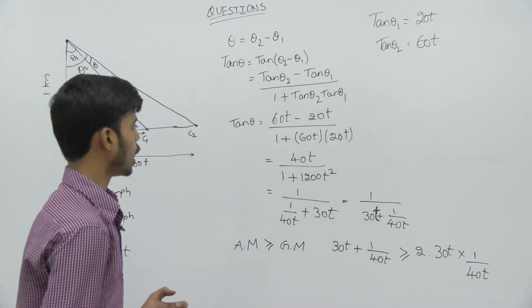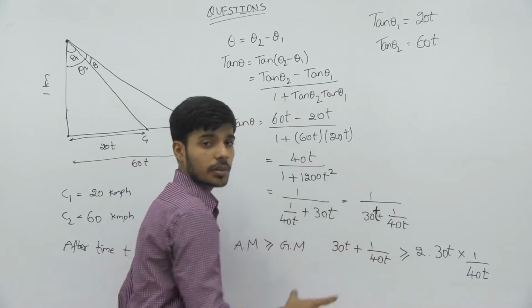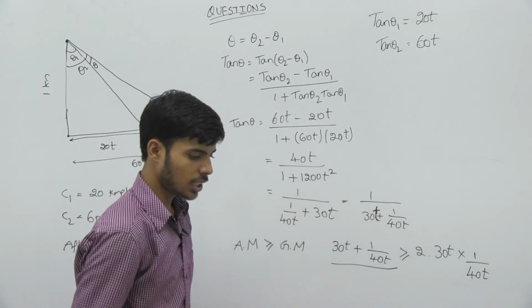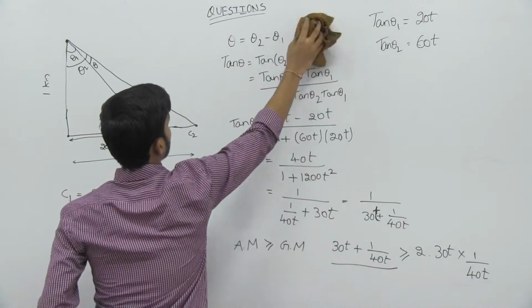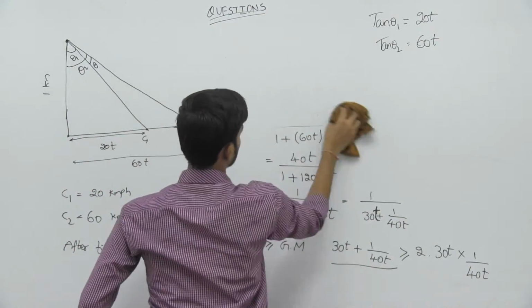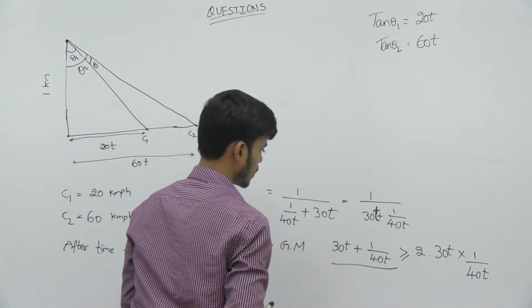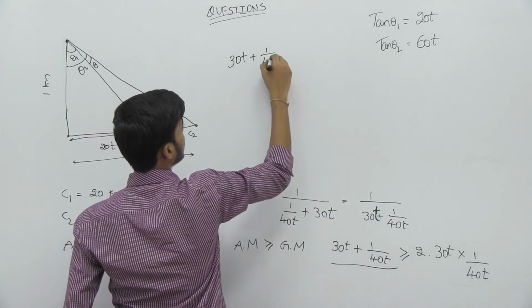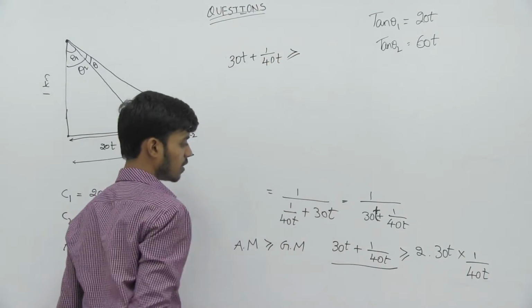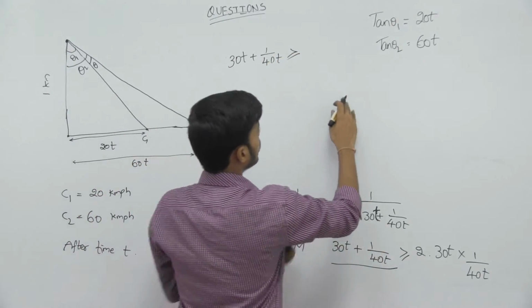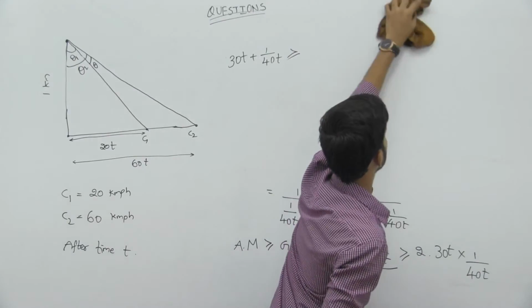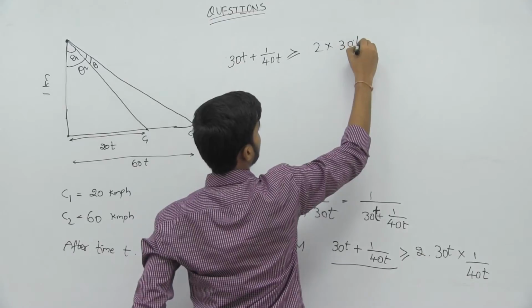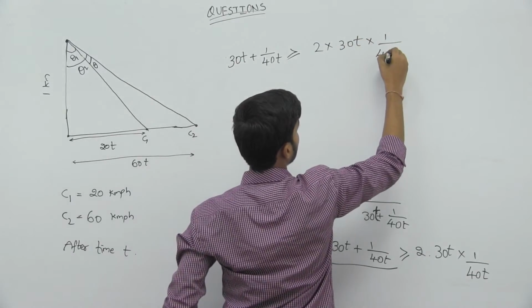So 30t plus 1 by 40t is greater than or equal to 2 into the square root of 30t into 1 by 40t.